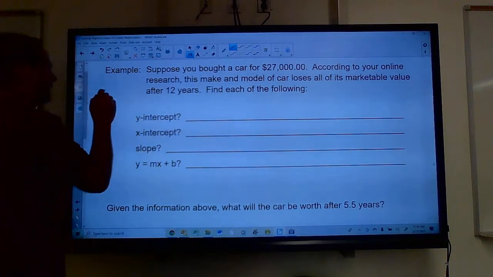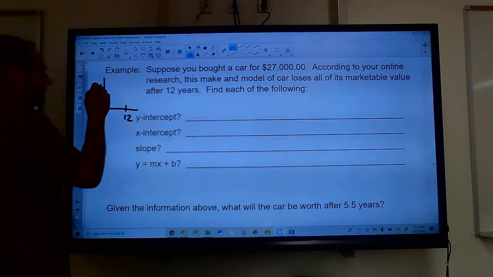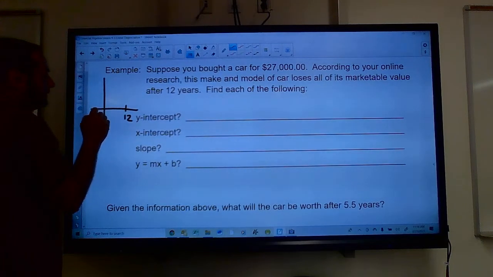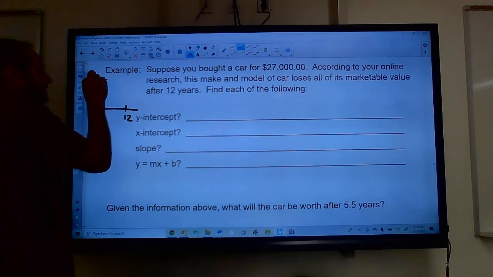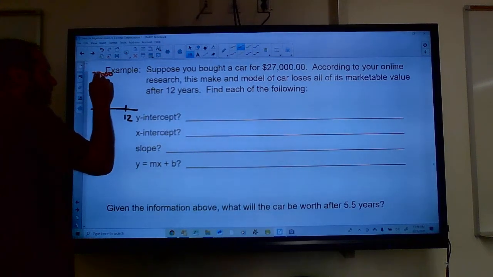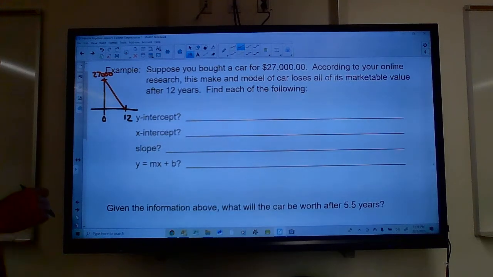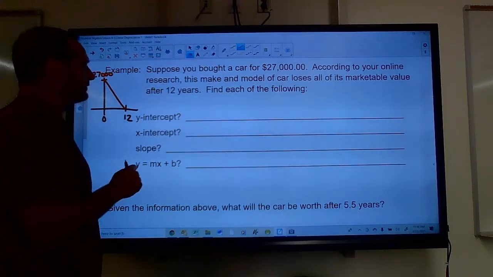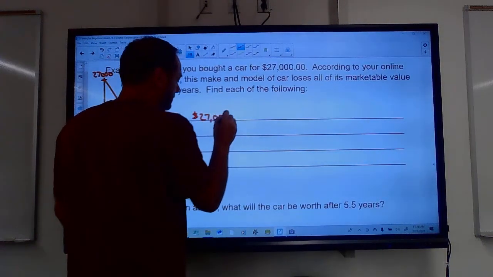Here's going to be year 12, here's going to be year 0. The car is going to be worth $27,000 when you buy it, and 0 in year 12. So the y-intercept is $27,000.